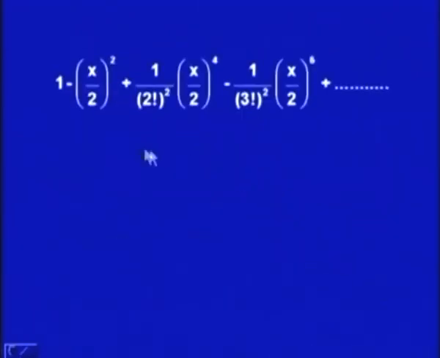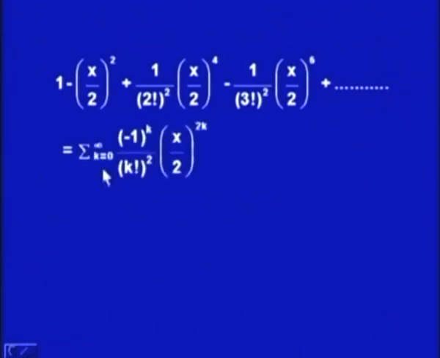So, we collect those terms that are independent of t, and we see that they come out to be 1 minus (x/2) whole square plus (1 by 2 factorial) whole square into (x/2) raised to the power 4 minus (1 by 3 factorial) whole square (x/2) raised to the power 6 and so on, which can be written in the form of sum k equal to 0 to infinity (minus 1) to the power k over (k factorial) square multiplied by (x/2) raised to the power 2k.